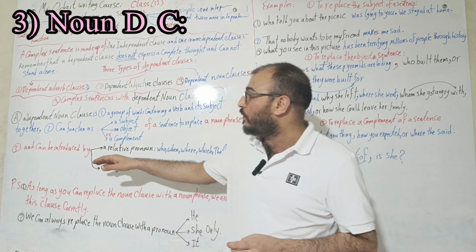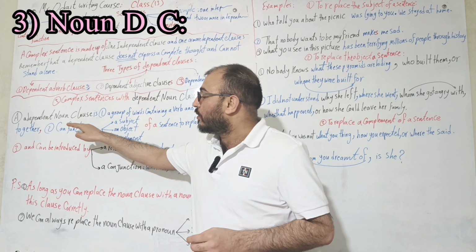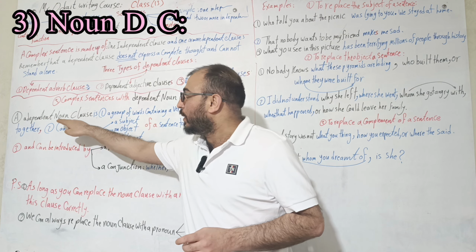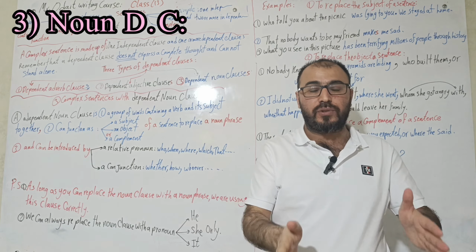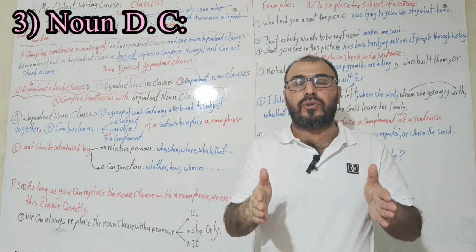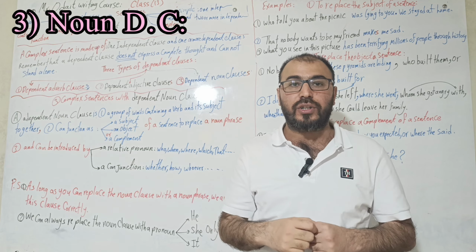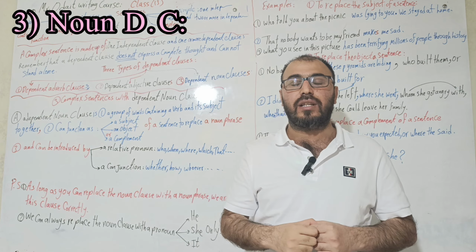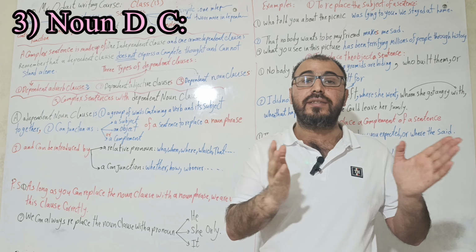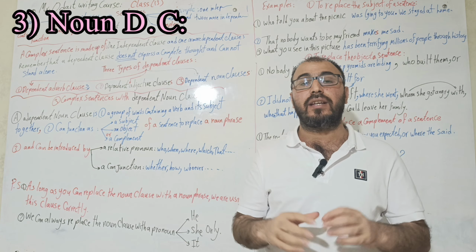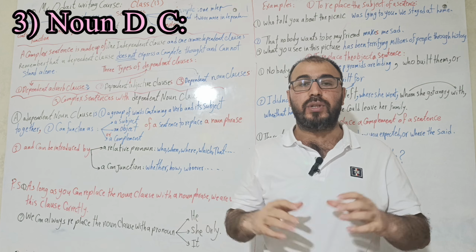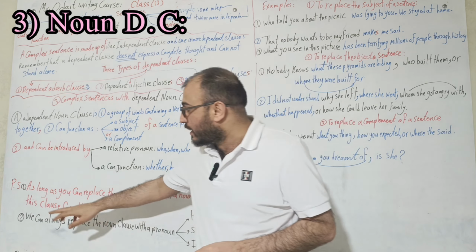Which means if you can always use the dependent noun clause as a subject or an object or a complement in the same structure as a noun phrase, you are using the dependent noun clause correctly. Otherwise, you are making a mistake. So try to switch between them because they can be used interchangeably.